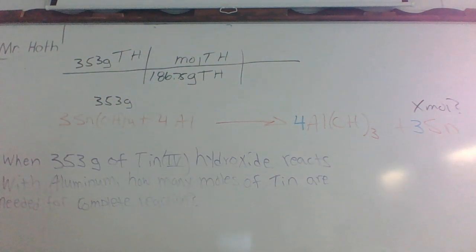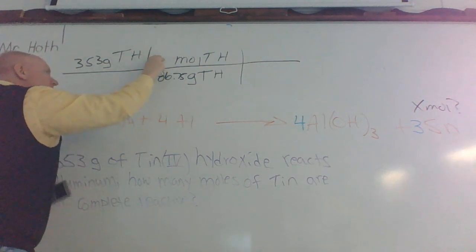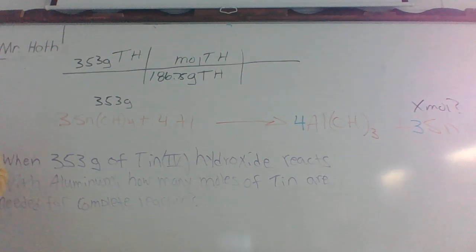Now, we've got moles of tin hydroxide. Do you think we need to put a 3 here? You are correct when you say no. Why are you right? It says 3 there. We said the only time you refer back to this equation is when you have what over what?